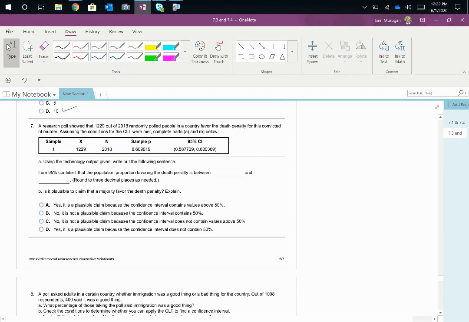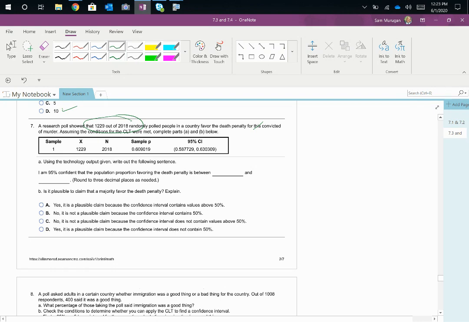Okay, now this is a printout from a confidence interval report. A research poll shows that 129 out of 2018 randomly polled people in the country favor the death penalty for those convicted of murder, right?